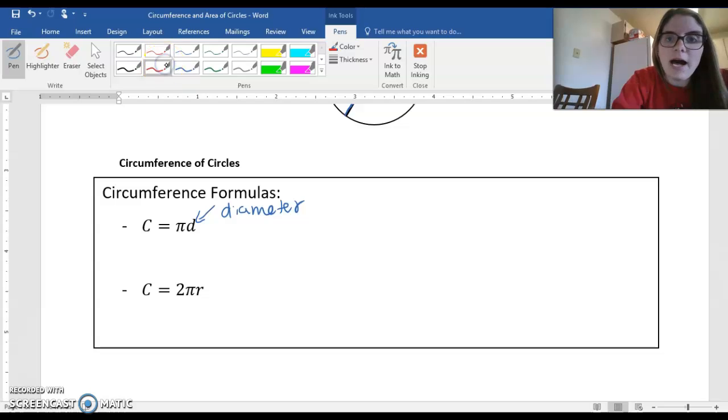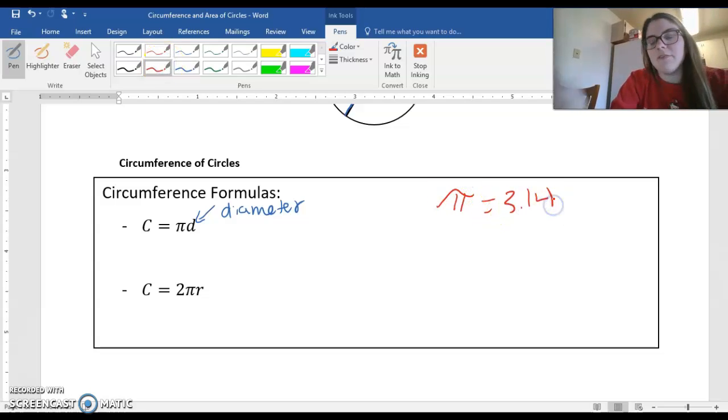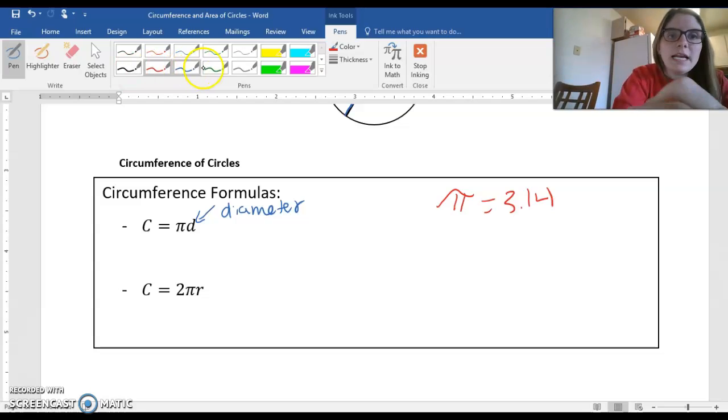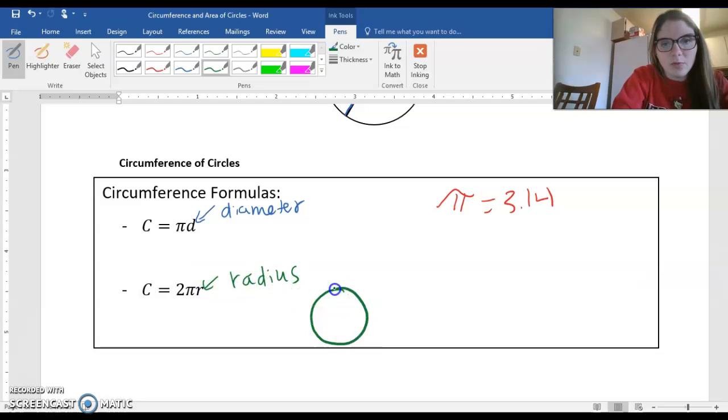And for pi, we're going to use the number 3.14. If you're using a calculator at home, it might have the pi button, but for your assignment, you need to use 3.14 and not the pi button. Otherwise, you're going to get them wrong. And then you're going to use this formula right here if they give you the radius. So again, the radius is when it's only halfway through, and the diameter is when it goes all the way through.